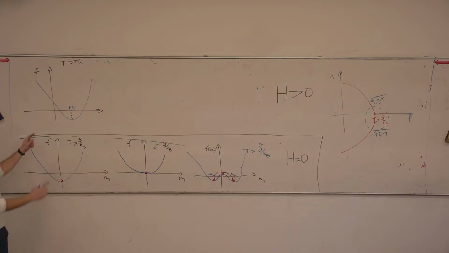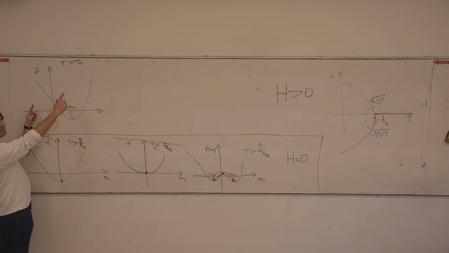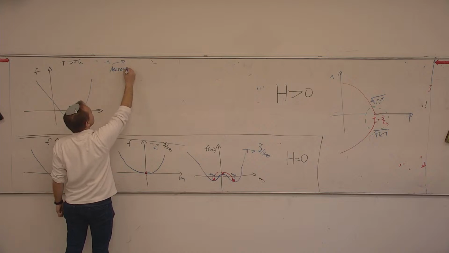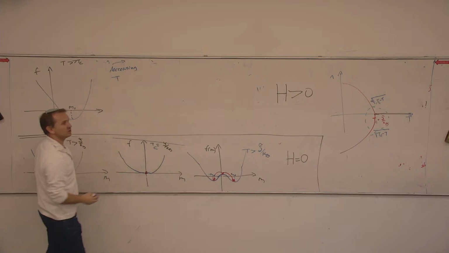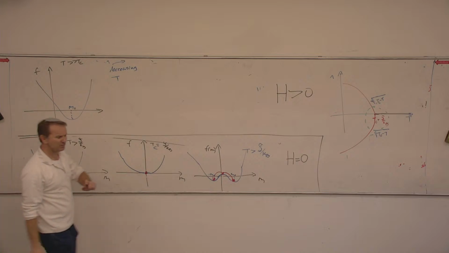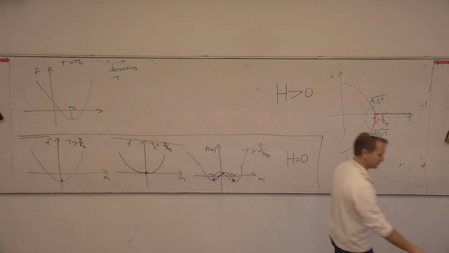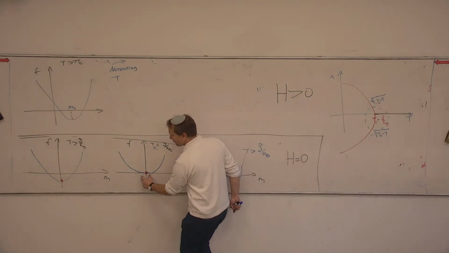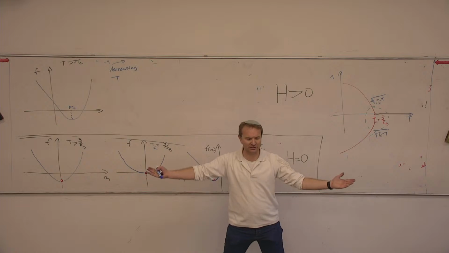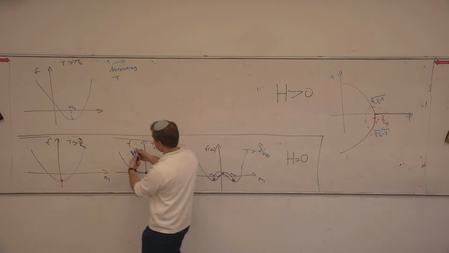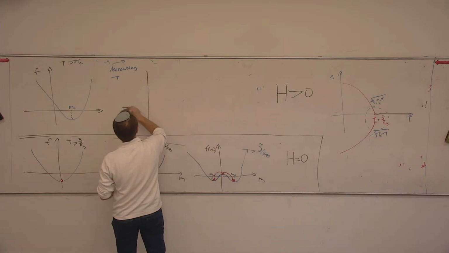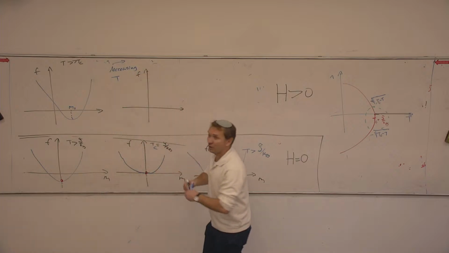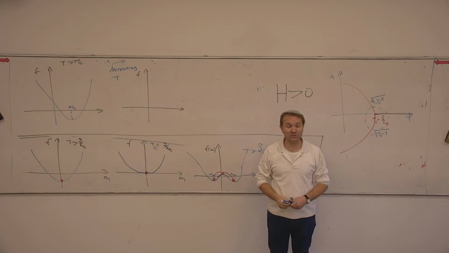Great. What will happen next? As I decrease the temperature, I will see something peculiar happen to my free energy. Here, this guy was getting flatter and flatter. Now, as I decrease my temperature, F will start to develop an additional dip.